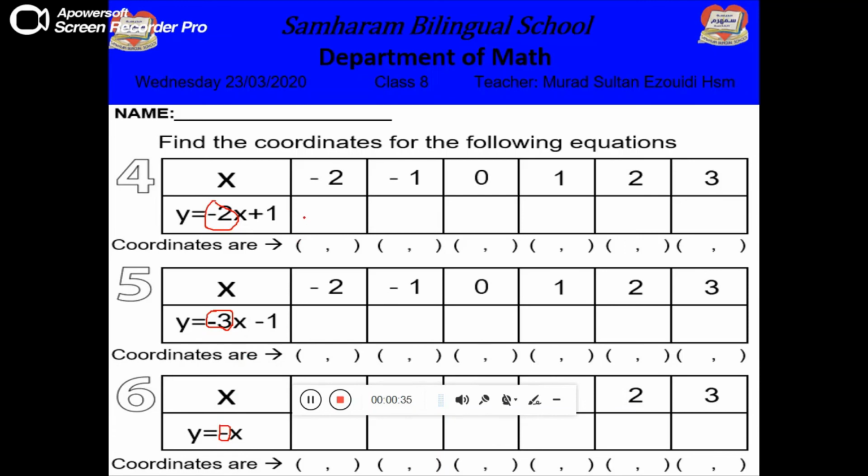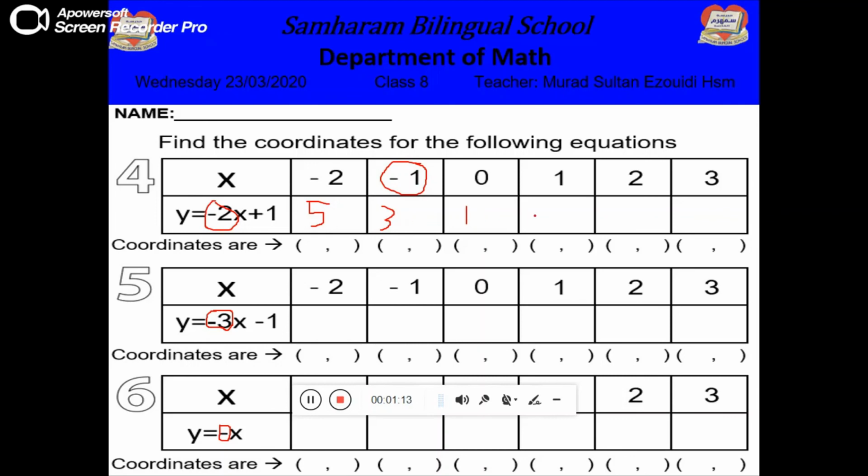When x equals negative 2, y will be 5, because negative 2 multiplied by negative 2 is 4, plus 1 is 5. When x equals negative 1, negative 2 multiplied by negative 1 is 2, plus 1 is 3. When x equals 0, it is 1. You can see that the series is a sequence decreasing by the same amount of 2.